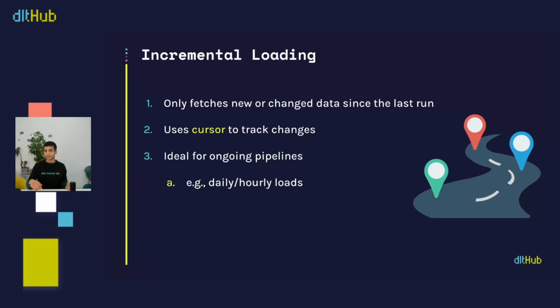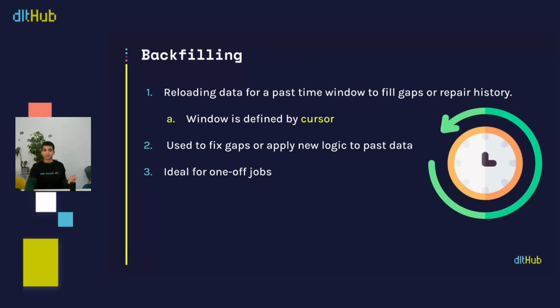And the second technique is backfilling. Backfilling is a technique where you reload data from a very specific time window to fill in any gaps or repair history. And this window, of course, is defined by your cursor field. This can be important because your data as it is might have gaps or missing values, or your source may have applied new logic that your current data hasn't really accounted for.